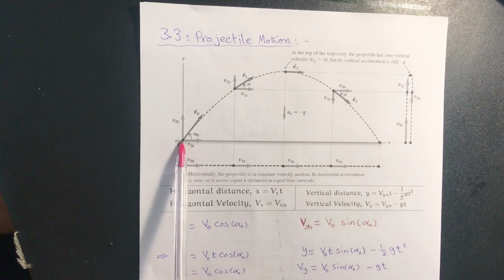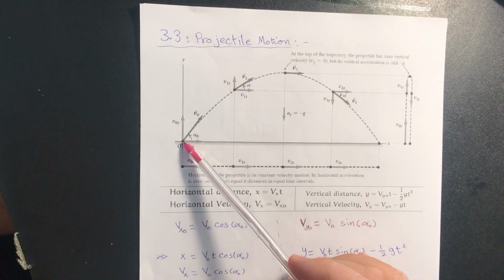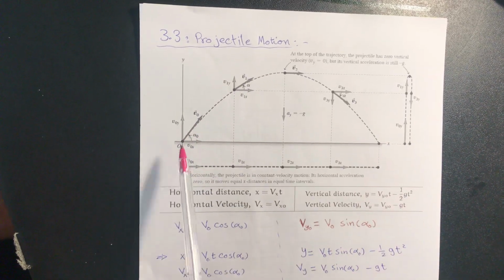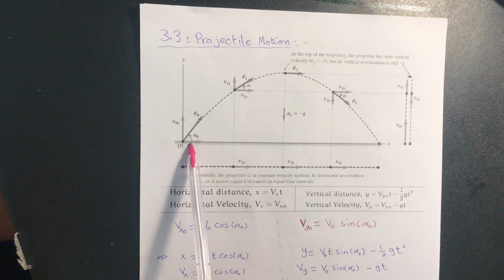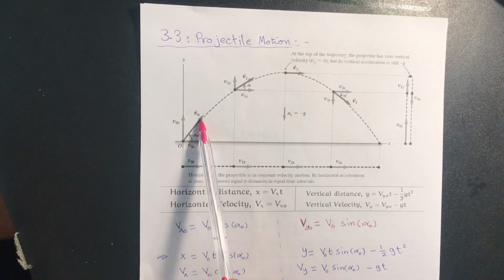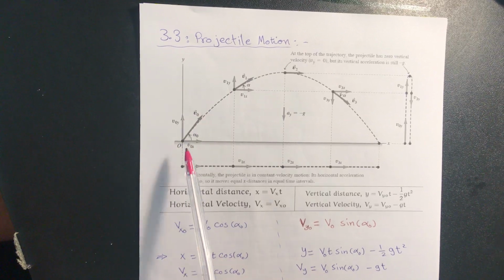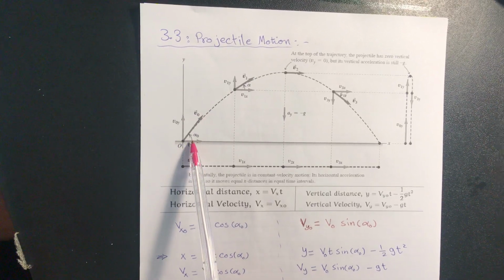If we have a body object and this body has an initial speed and this speed is at an angle, an initial angle. The initial speed is v naught as a vector and the initial angle is alpha naught.